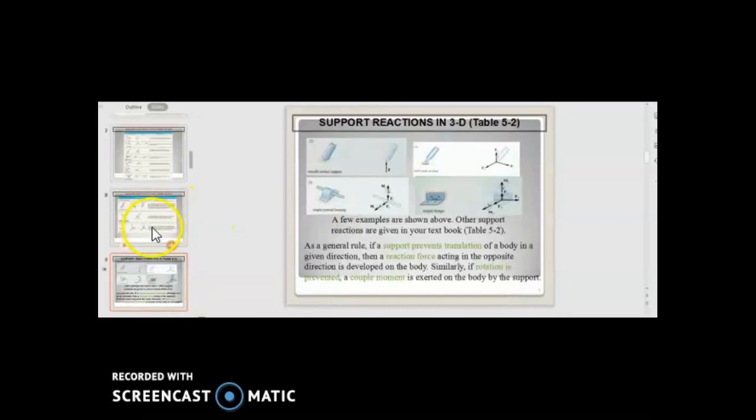So how will the 3-dimensional ones look? Previously it was 2-dimensional, so this time it is 3-dimensional. Let's go for the first one.